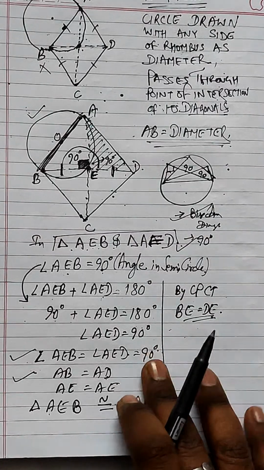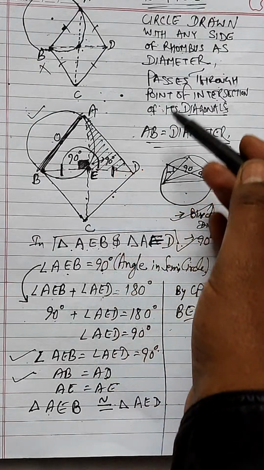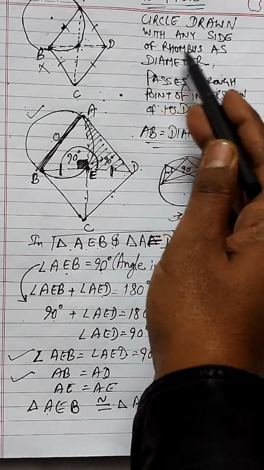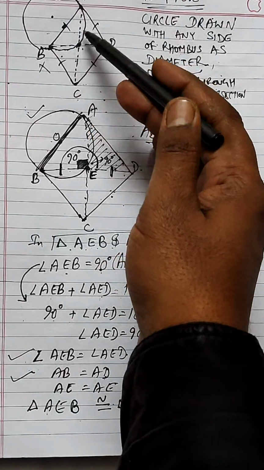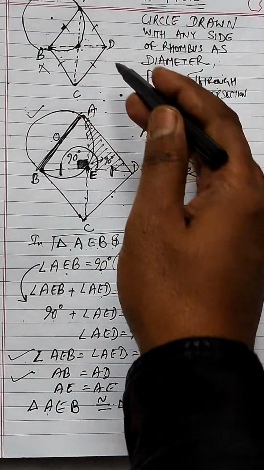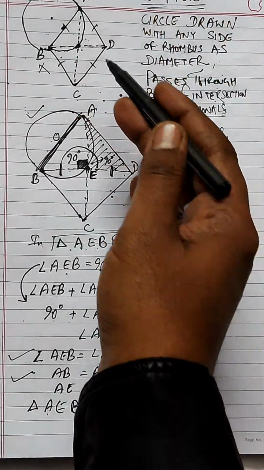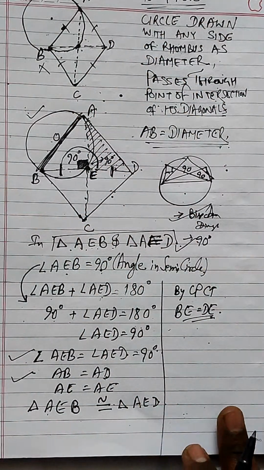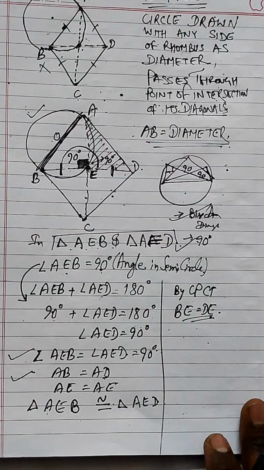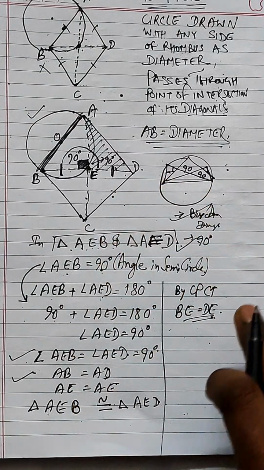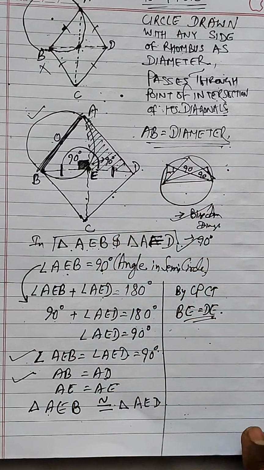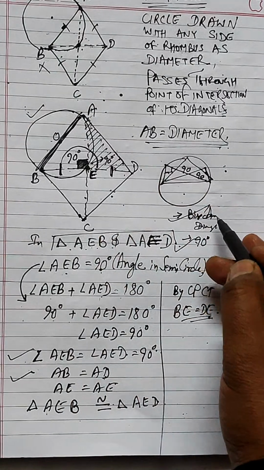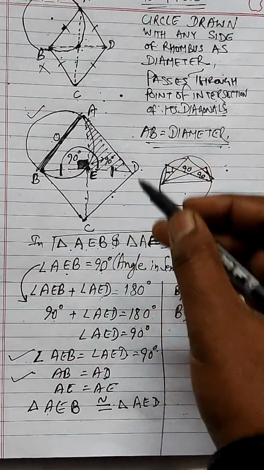Now in this question, we have applied that when a circle is drawn with any side of the rhombus as diameter, that circle passes through the intersection of the diagonals. We have proved it, right? So in this way, we use our concepts. Earlier only 2 things were there, and now we have applied those concepts to prove it.